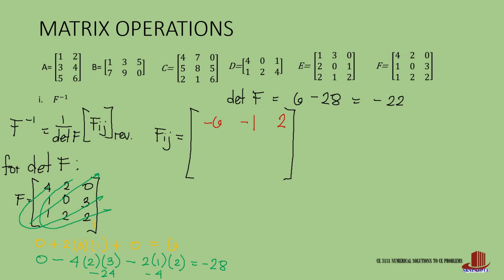We also take the other elements. Now continuing with our second row, first element. So this would be 2 times 2, or 4, minus 0.